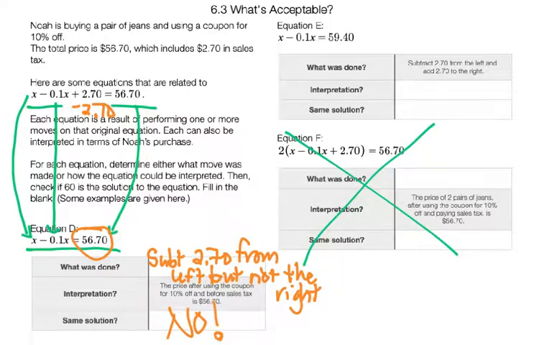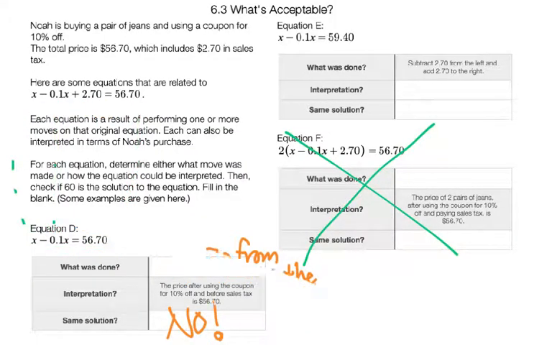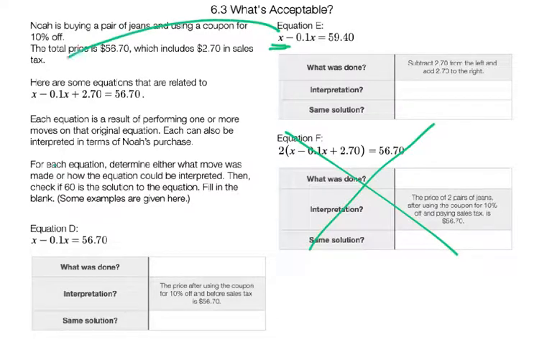absolutely not. Absolutely not. So moving on and now looking at equation E. Again, I'm going to go ahead and erase this so you can see this a little bit clearer. And what do I got? I've got x, and x, so these two match, and 0.1x matches.